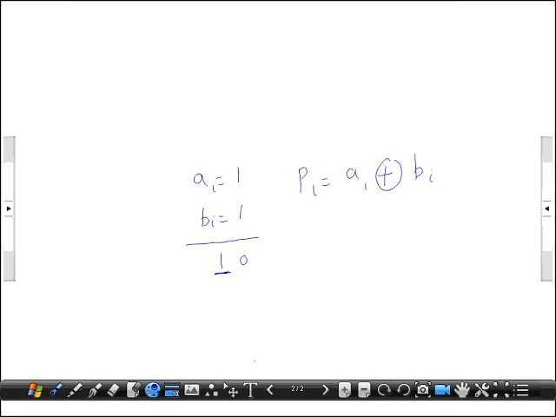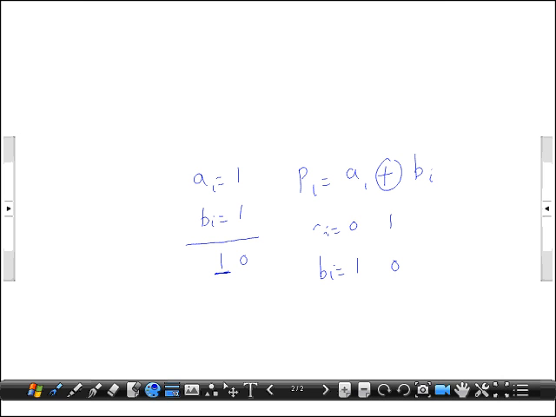Since an exclusive OR operation is performed on Ai with Bi, Pi will be 1 if either Ai is equal to 0 and Bi is equal to 1, or Ai is equal to 1 and Bi is equal to 0. If both are added, no carry is being generated.